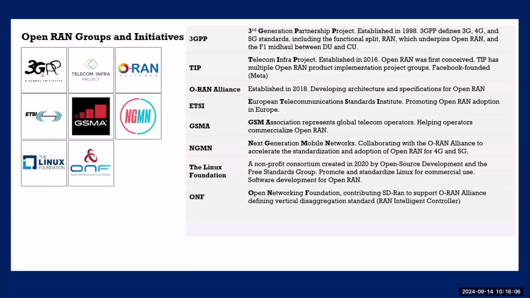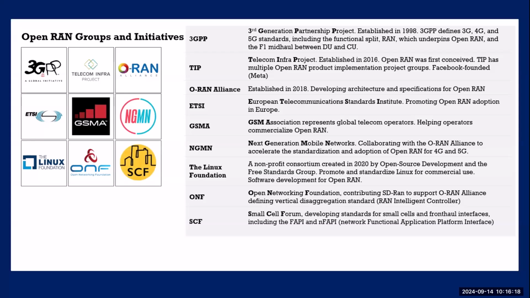ONF, or the Open Networking Foundation, contributing SD-RAN to support the O-RAN Alliance, defining vertical disaggregation standard or the RAN intelligent controller. Meron tayo sa mga IBS or mga indoor solutions like the Small Cell Forum or the SCF. So they are the ones developing standards for small cells and fronthaul interfaces, including the FAPI, ayoko na sabihin FAPI, no?